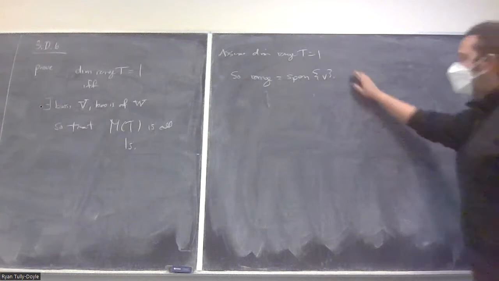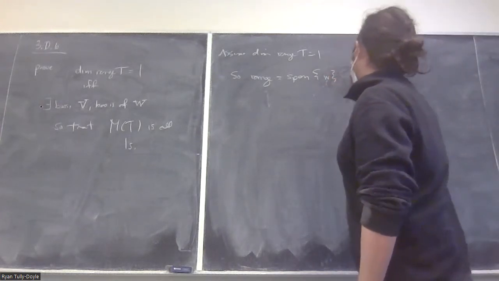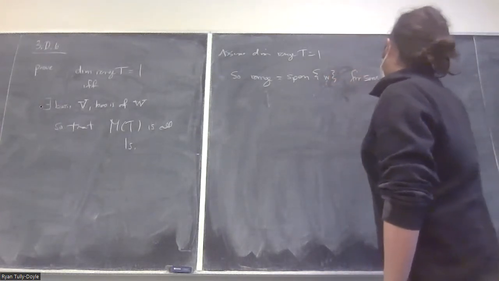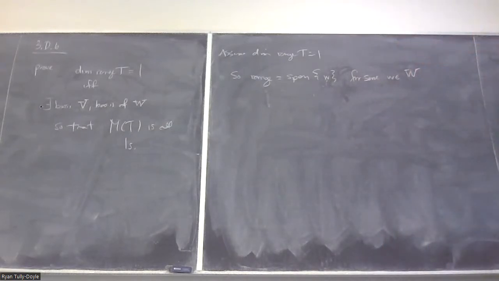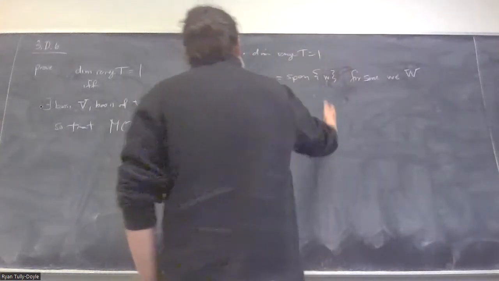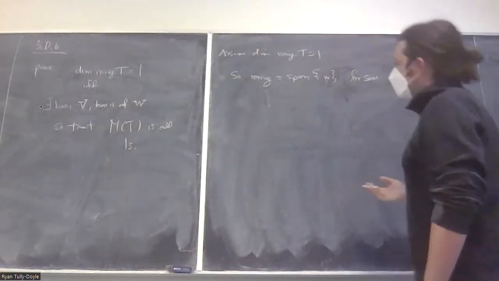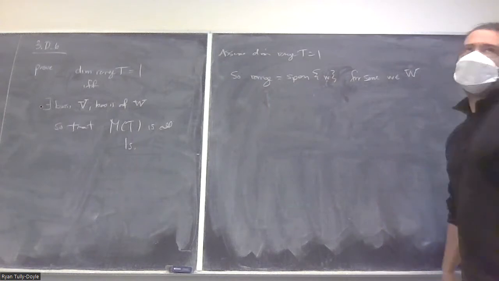Sorry, range W, right? W. And so the idea here is that every TV comes in. The way that I would start thinking about it is how we could set up a basis here, right?